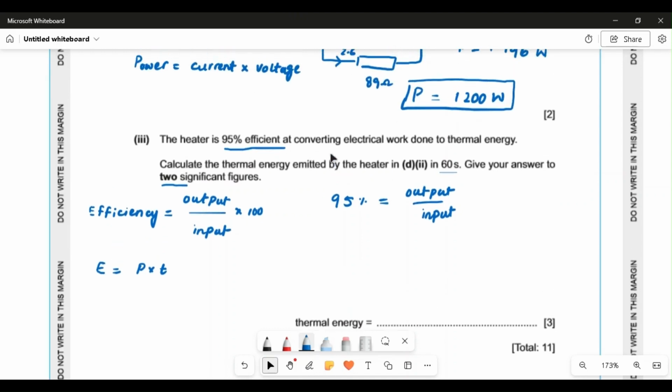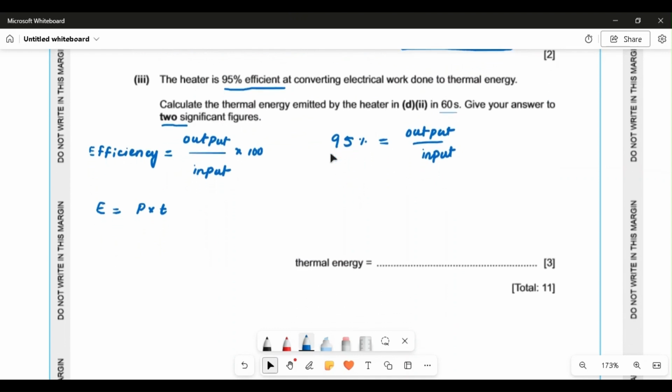Yeah, the power input is 1,200. So you can say 95% of 1,200 is equal to output work, output power or work, you can say that. So 95% means I will multiply 95 by 1,200 and divide it by 100.